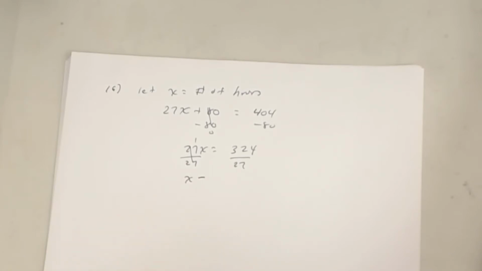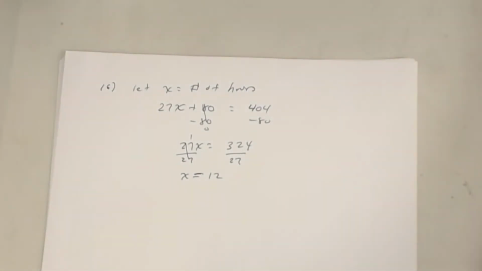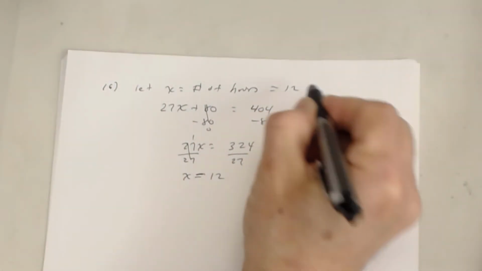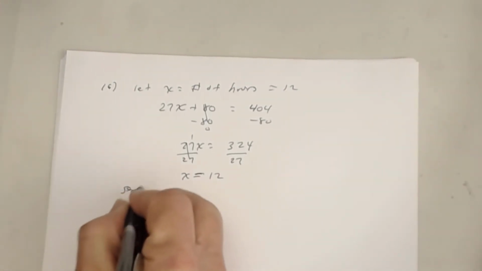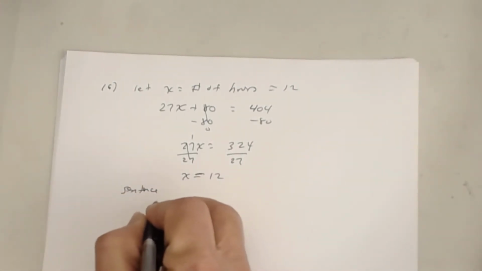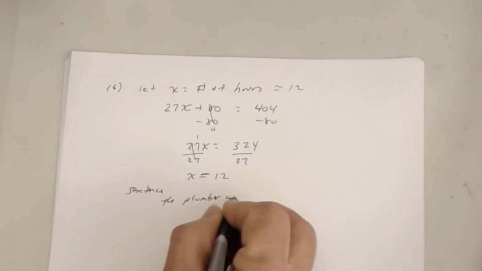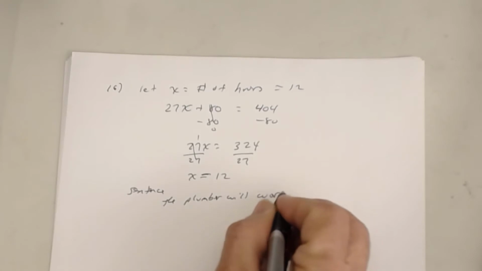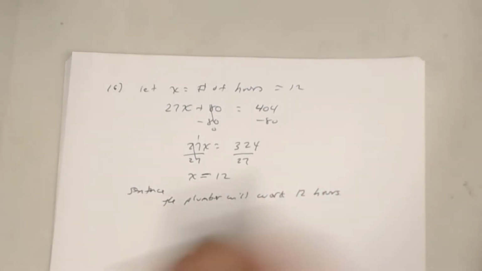Is it exactly 12? All right, so it's equal to 12. So x is 12. So that's what this right here represents. So the sentence, you could say something like, the plumber will work how many hours? 12, right? 12 hours. The plumber will work 12 hours.